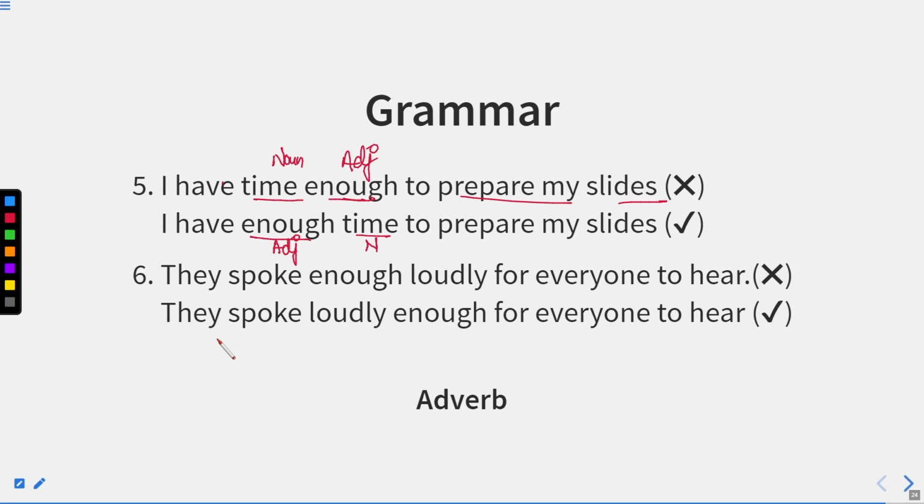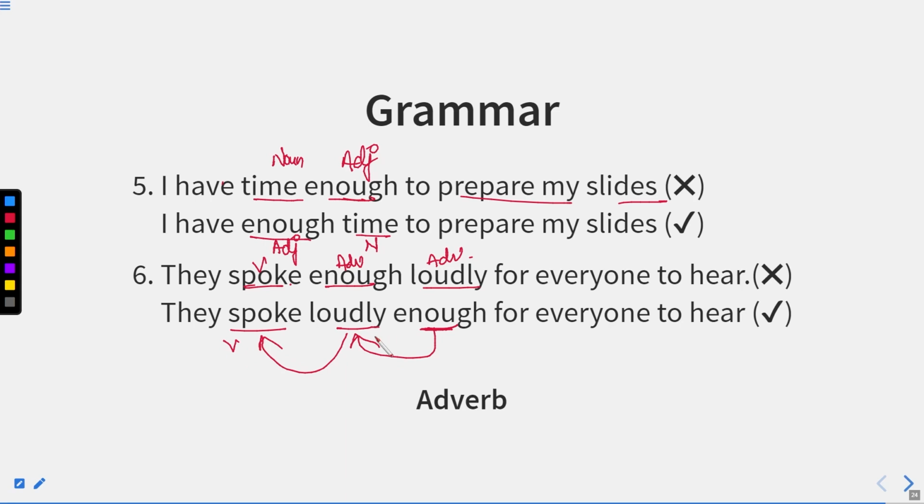They spoke enough loudly for everyone to hear. Now, spoke is a verb, and loudly is an adverb. So enough should be an adverb, and its position should be after the adverb: they spoke loudly enough, because this enough is qualifying the word loudly, and loudly is qualifying the word spoke.